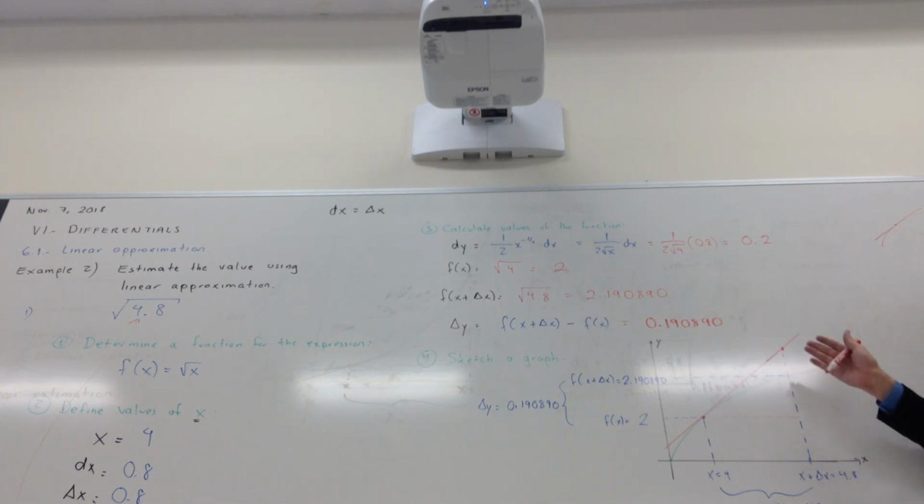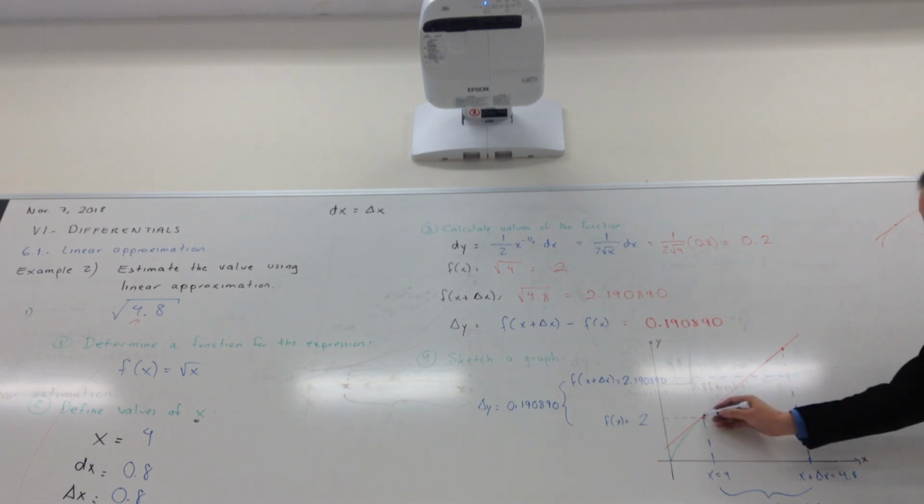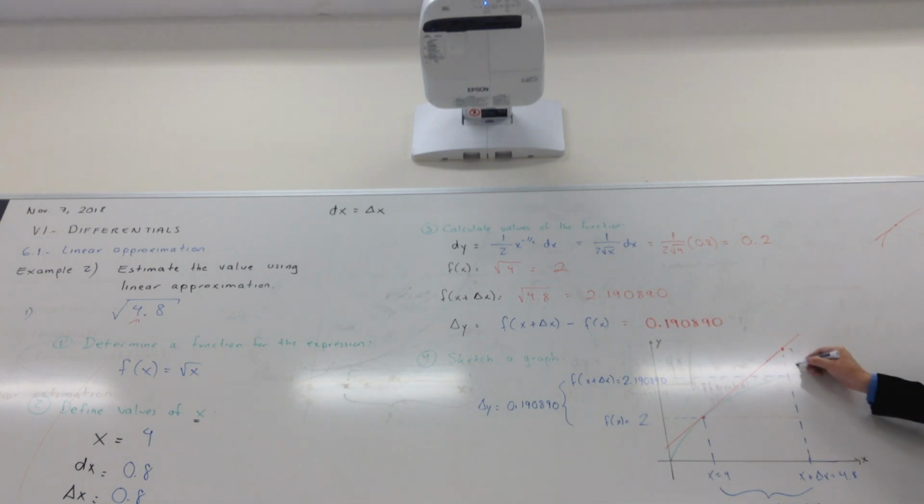Now, from the explanation that I gave you, which one would be dy? Where is dy in this one? From this to this vertical. This part of the triangle. That's dy. How much is dy? 0.2.